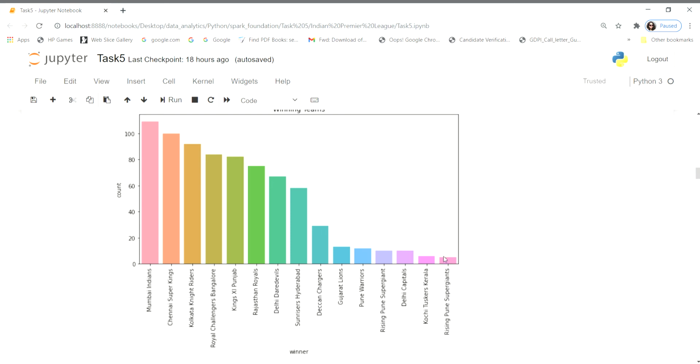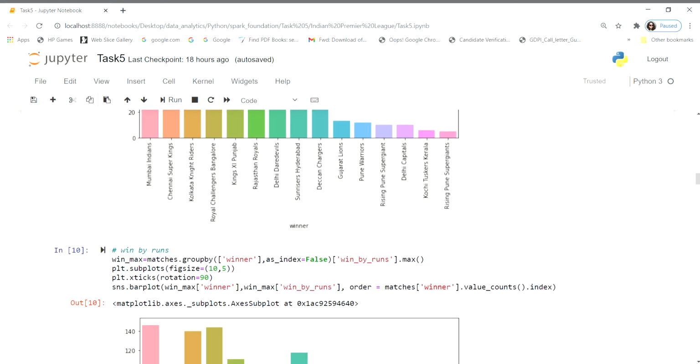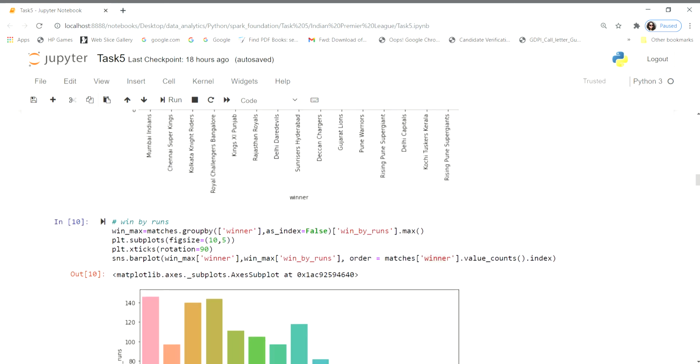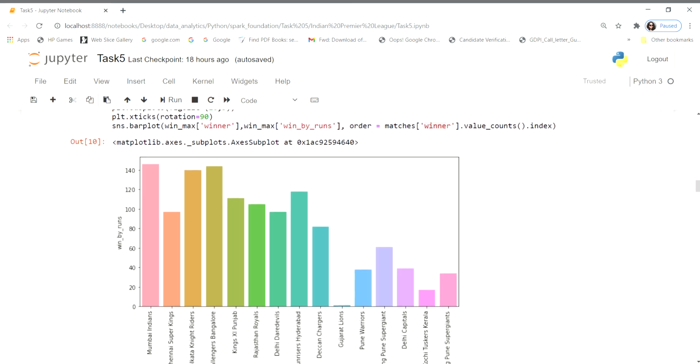Now, with how many runs they have won, I found that Mumbai Indians won by runs the maximum number of times, and Gujarat Lions was the least.